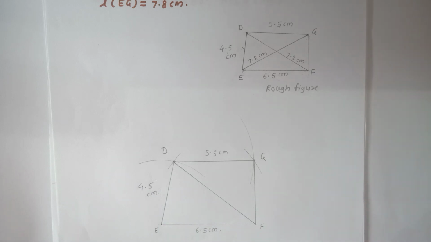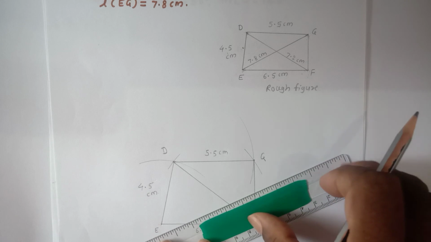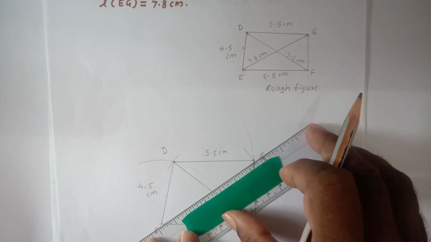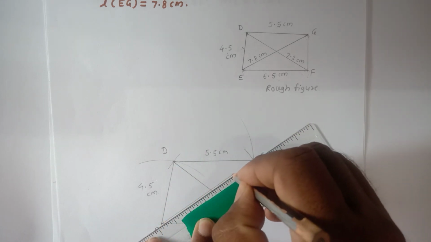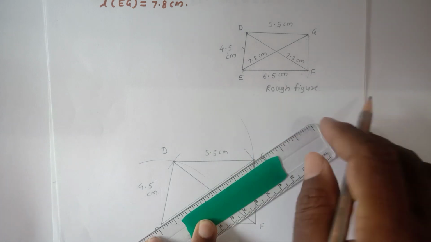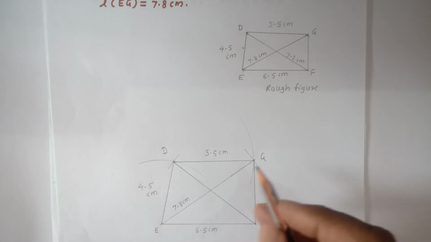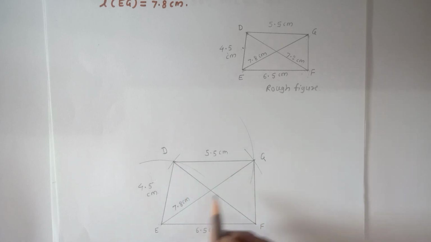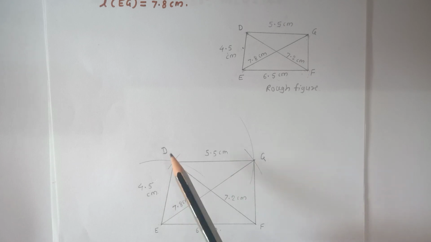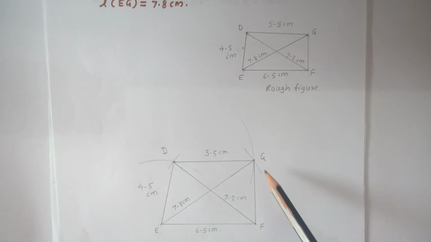Now we have to draw this diagonal also, and length of this diagonal EG is 7.8 centimeter and length of DF 7.2 centimeter. In this way we have drawn the quadrilateral DEFG by using the given information.